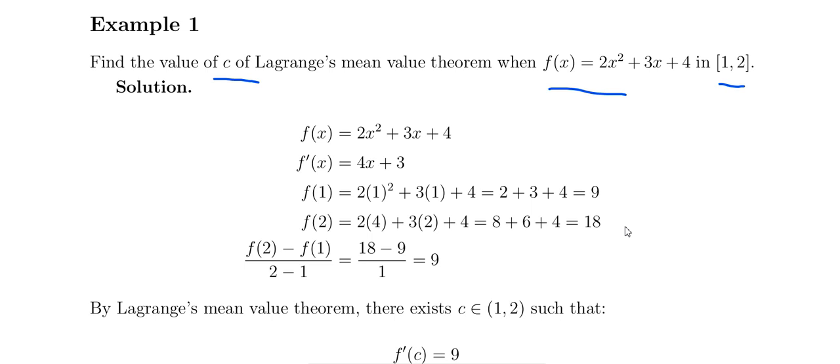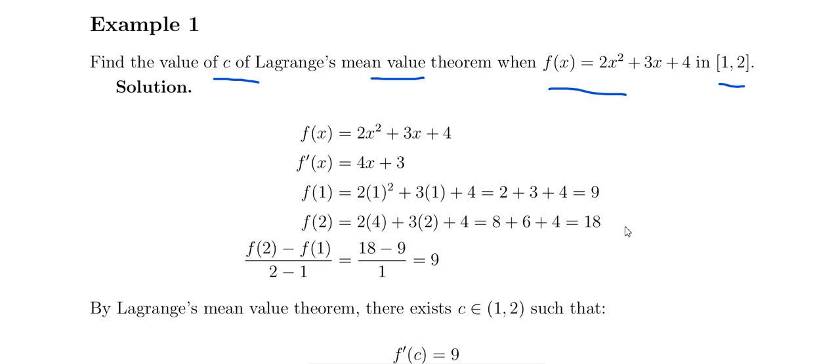By the mean value theorem definition, the function should be differentiable in the open interval (1, 2) and continuous in the closed interval [1, 2]. These are the two main properties of the mean value theorem.